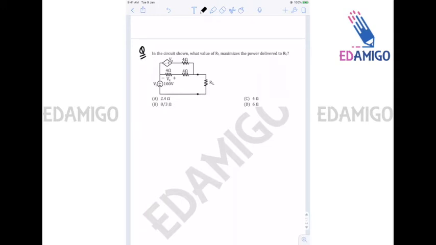So here we have to find the value of RL for maximum power transfer to RL. So this is your RL. Again here we have to find the Thevenin equivalent resistance seen across the terminals of the load RL.